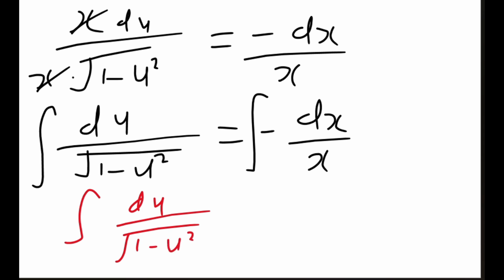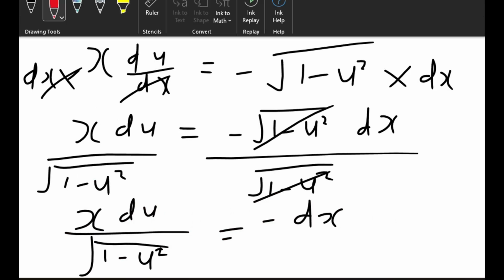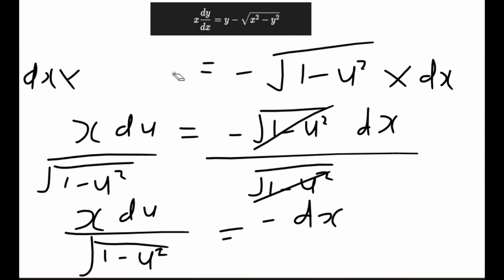The integral of du over square root of 1 minus u squared is equal to sine inverse of u. Okay, we are good. So let's wipe this off.